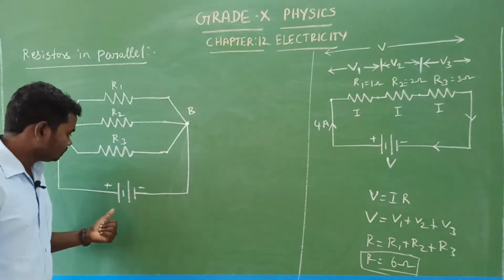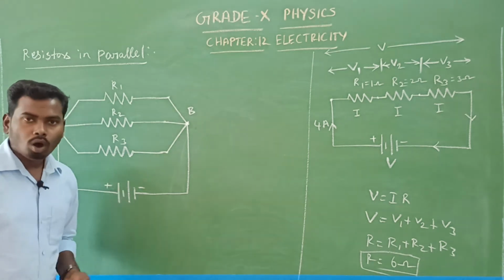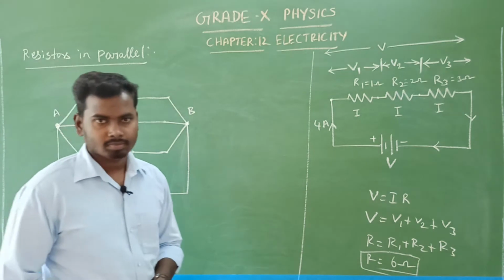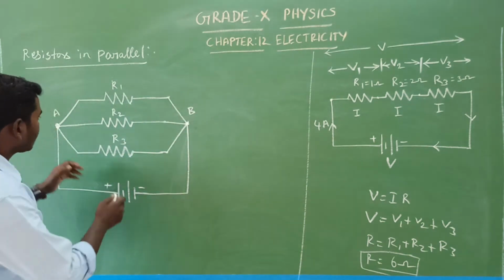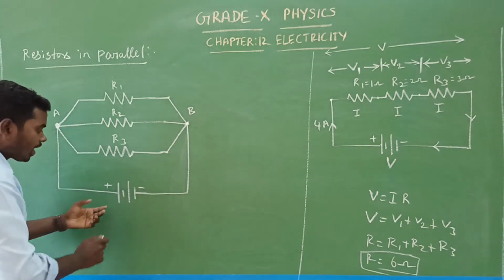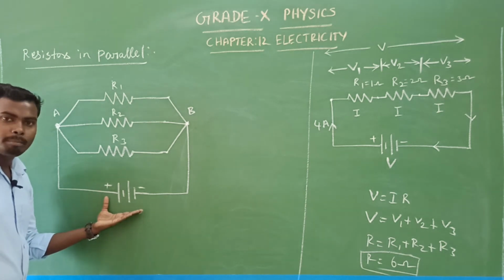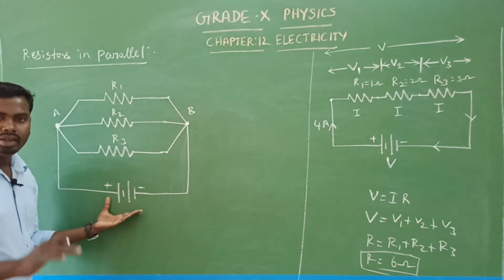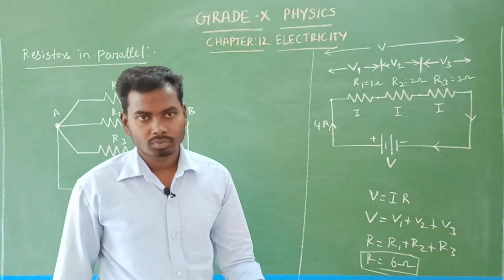So look at here. What is the definition of parallel combination? When two or more resistors are connected between the same two points, along with, note this point, the two terminals of the battery, then the combination of the resistors is said to be in parallel.